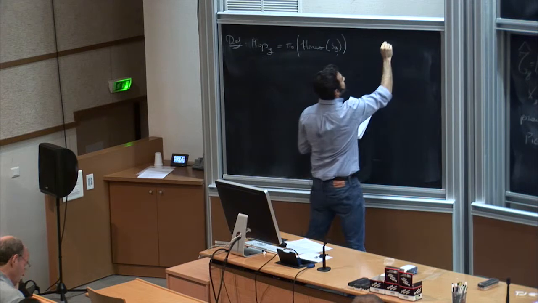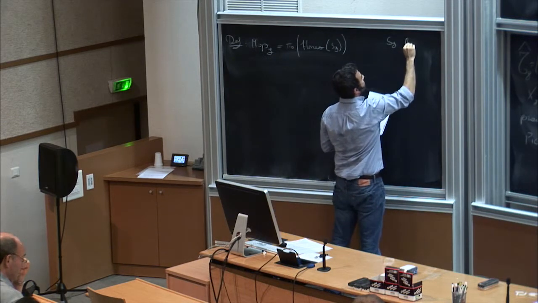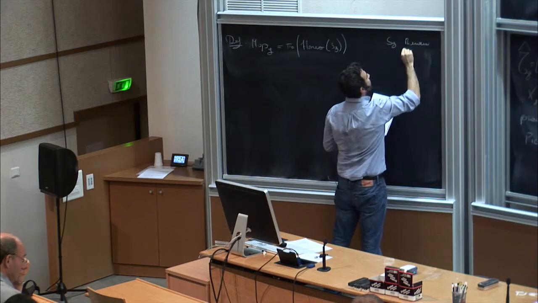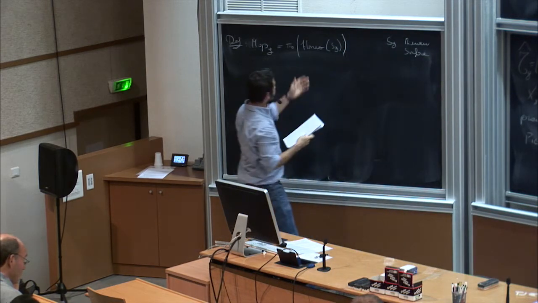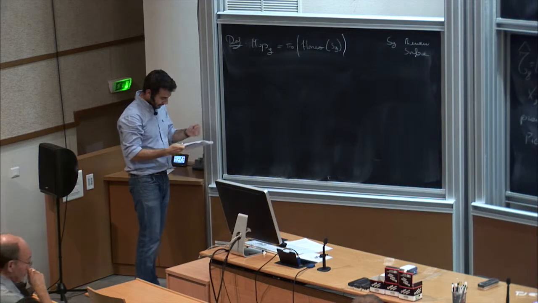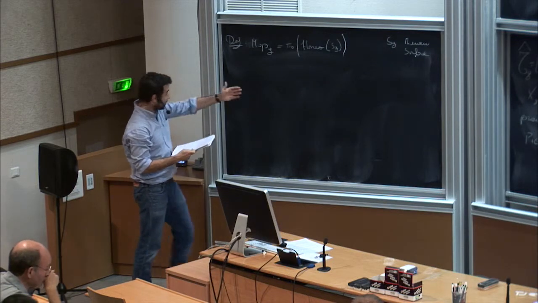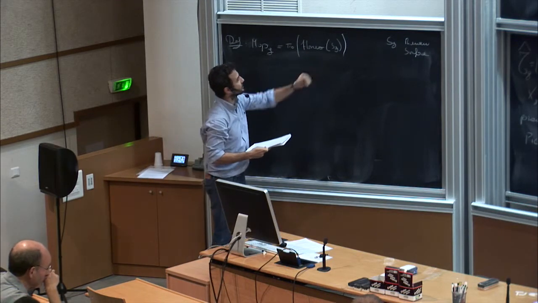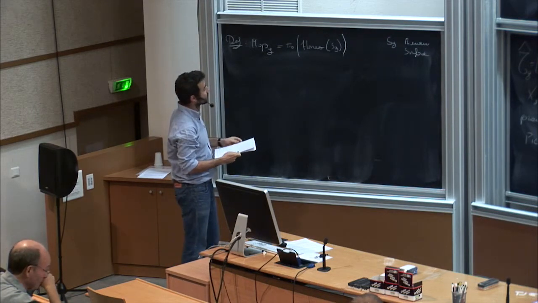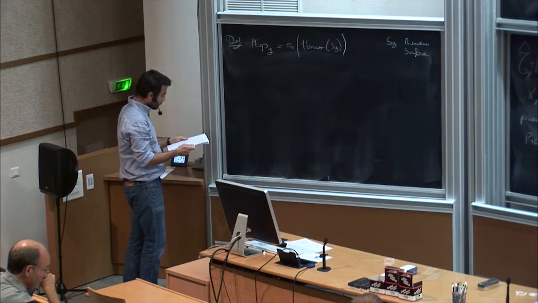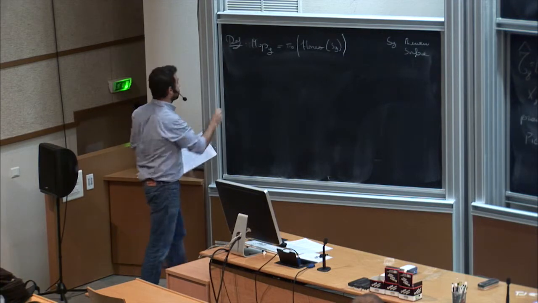So if S_g is a Riemann surface of genus g, then you take the isotopy classes, the pi_0 of the group of homeomorphisms that preserve the orientation of the Riemann surface.